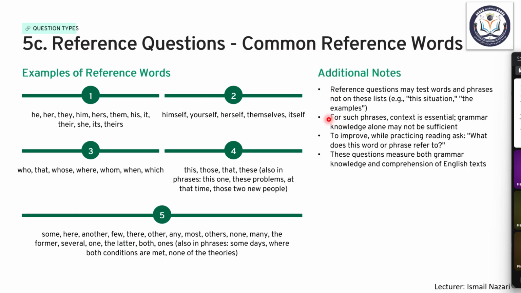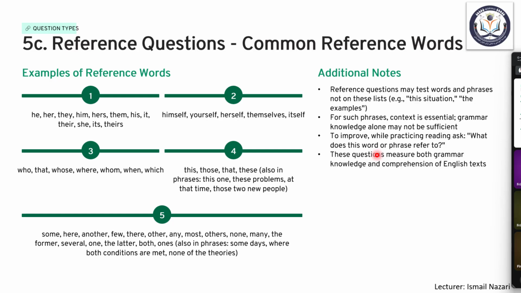So, additionally, in order to go ahead well with the reference question, the reference questions may test words and phrases not on these lists. So we may have other ones as well. We have to be careful of that. So basically, overall, we have to check out the context of the sentence and the grammatical knowledge based on that, and everything is, again, practice.